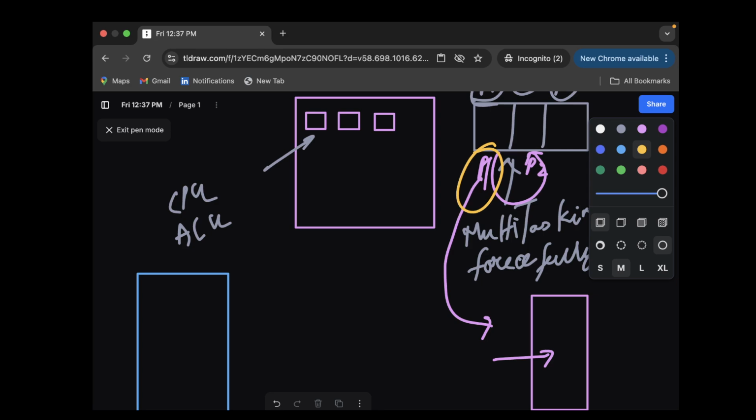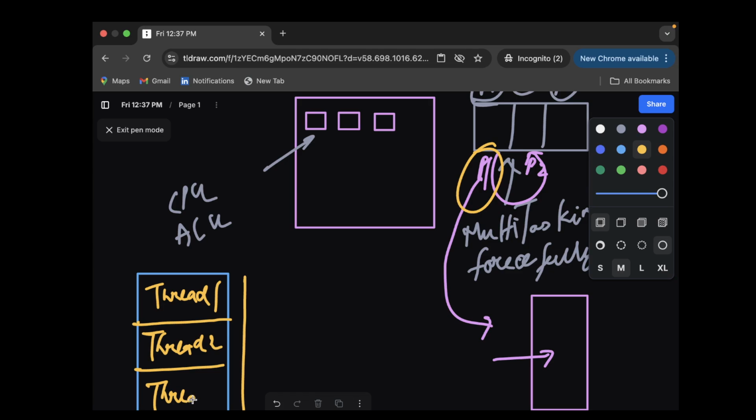So what we do is, instead of having one single program running, we divide the process into different threads. Let's say this program is divided into three threads. So I have thread one, thread two running. This is my process P1.